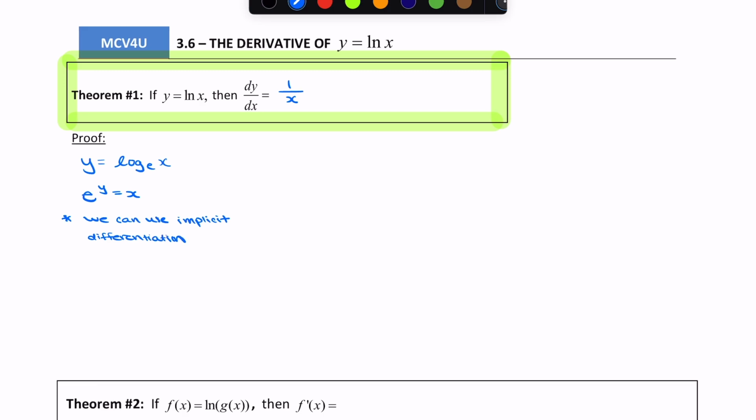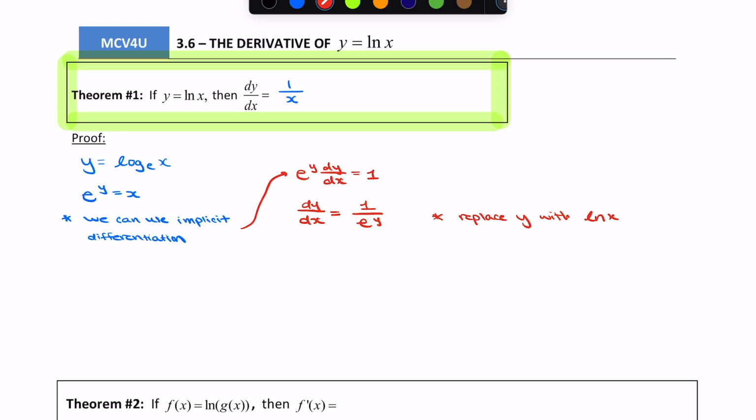If we look at this, we have e to the power of y dy over dx is equal to 1, and here we know that dy over dx will be equal to 1 over e to the power of y. So we're replacing this here, and then replace y with ln x.